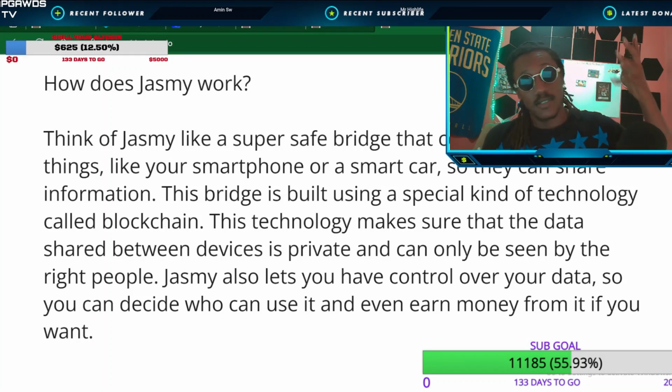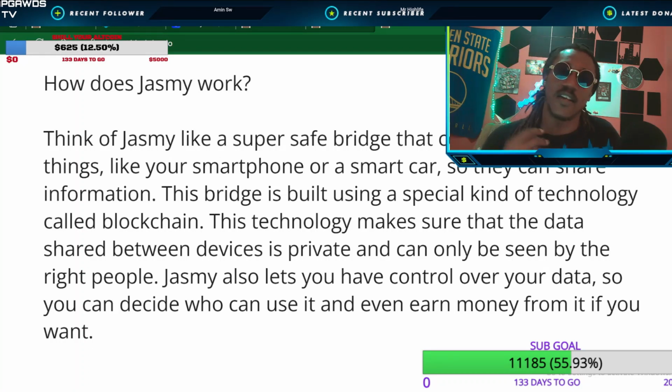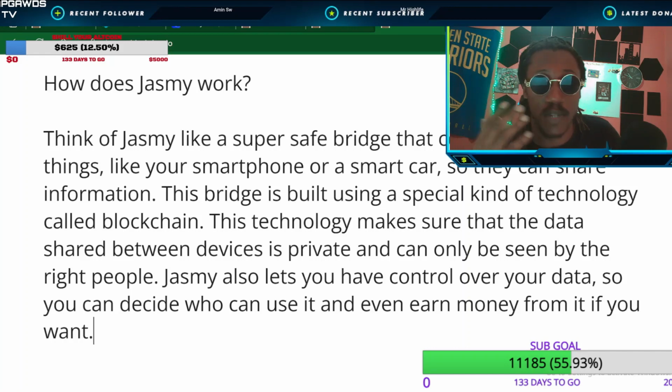The more and more I think about it, the more I'm like, man, Jasmy could be huge in the future. And then you think about the partnerships. These smart cars, right? They got a partnership with Hyundai. Hyundai is rolling out smart cars, right? Autonomous cars that need data. They will store data. Jasmy is partnered with Hyundai. Artificial intelligence, cybersecurity, everything in this world right now is living and feeding off data.